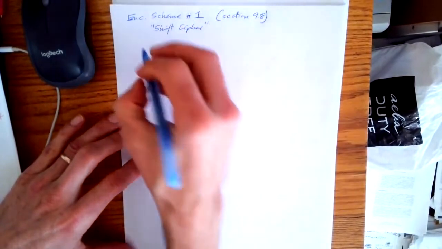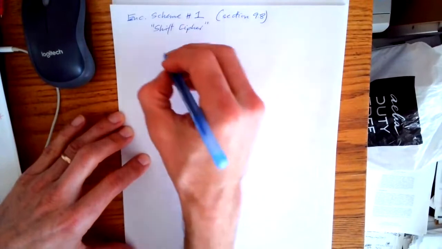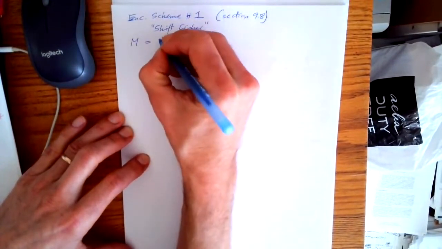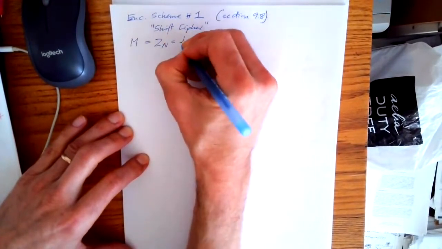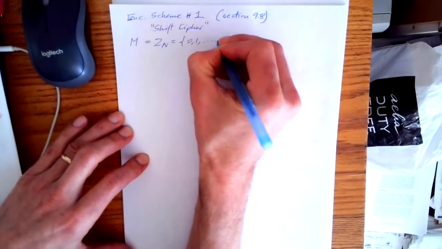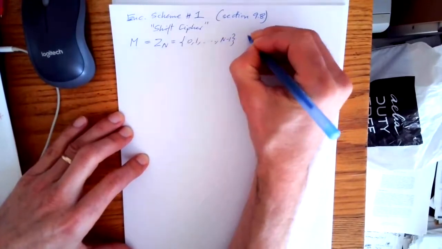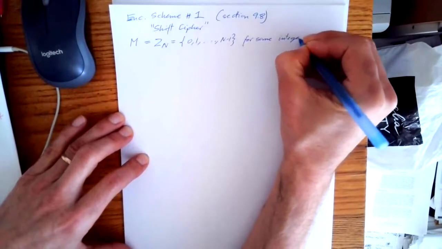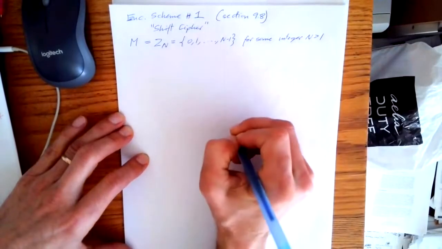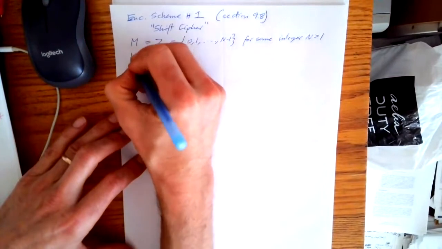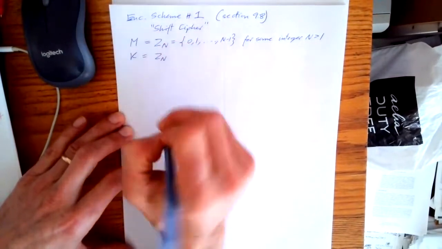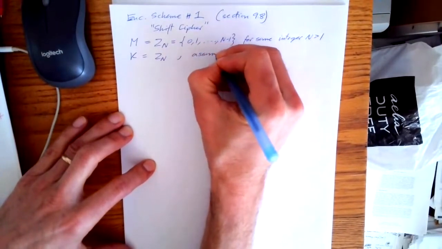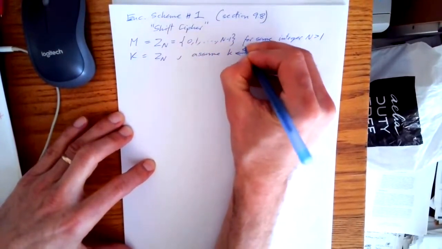How does it work? The message space is Zn, which is all the integers from 0 to n-1, for some integer n. The key space is also Zn. And we assume that the key is chosen at random from this key space.